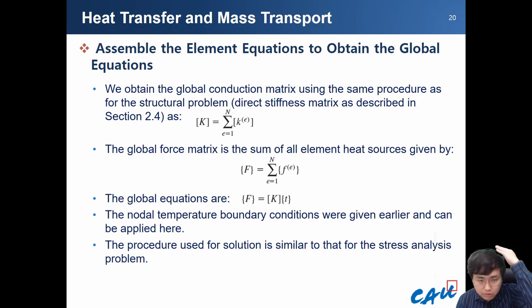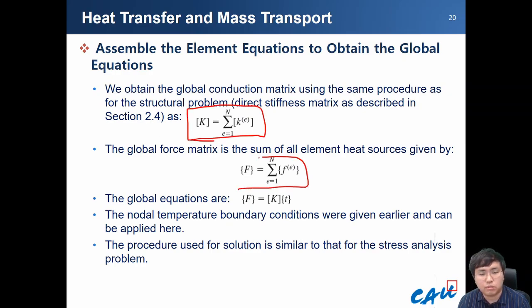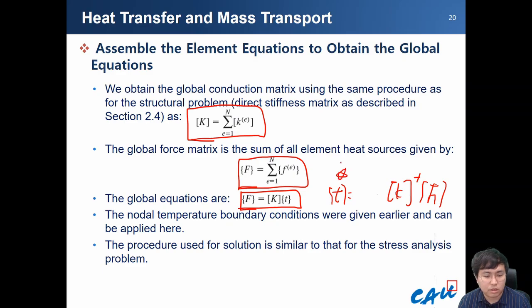In that way, after assembling the global stiffness matrix and also the global force vector, finally we obtain the global stiffness equation for the heat transfer problem. After taking the inverse, you can easily obtain the temperature distribution.